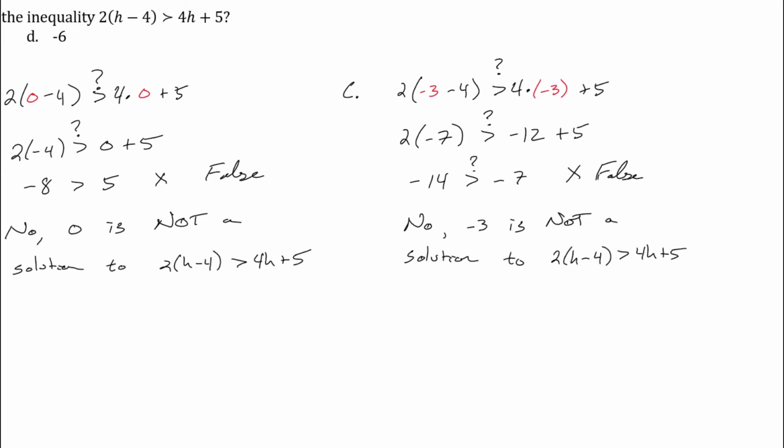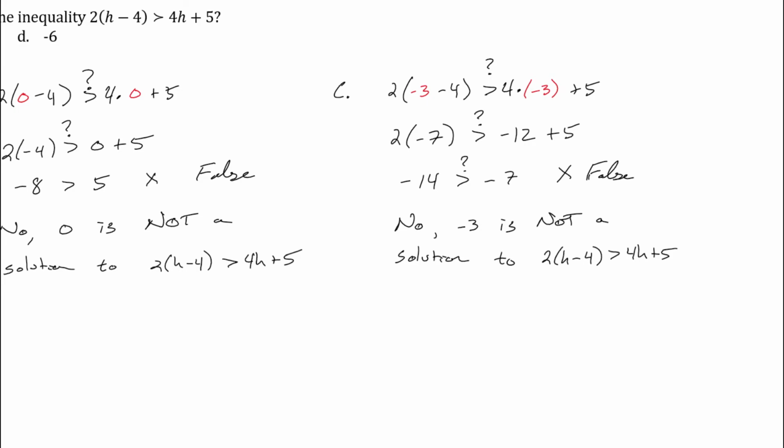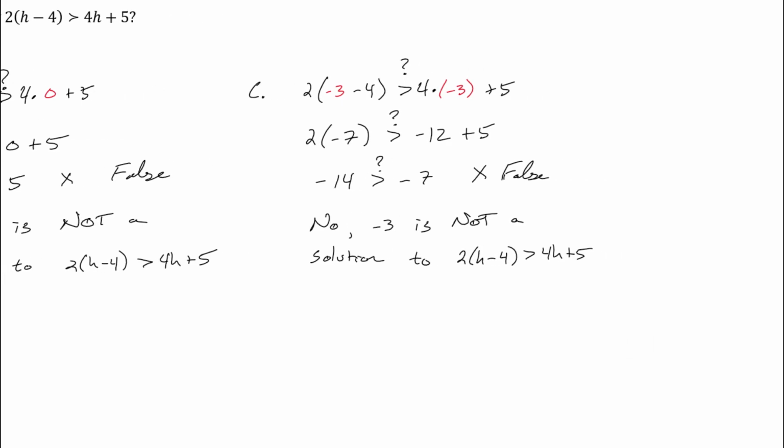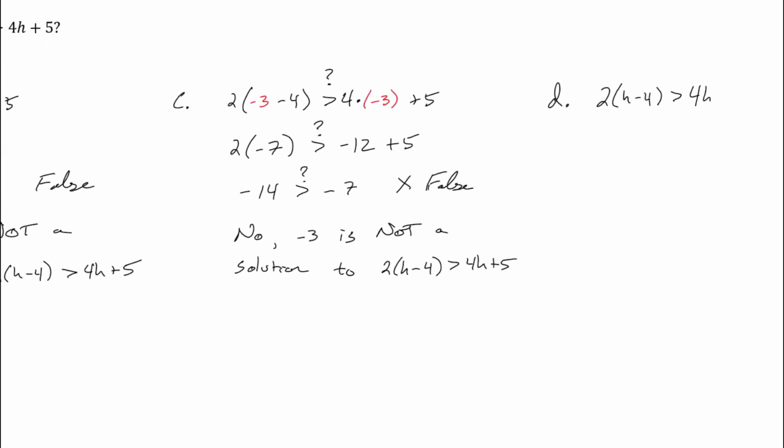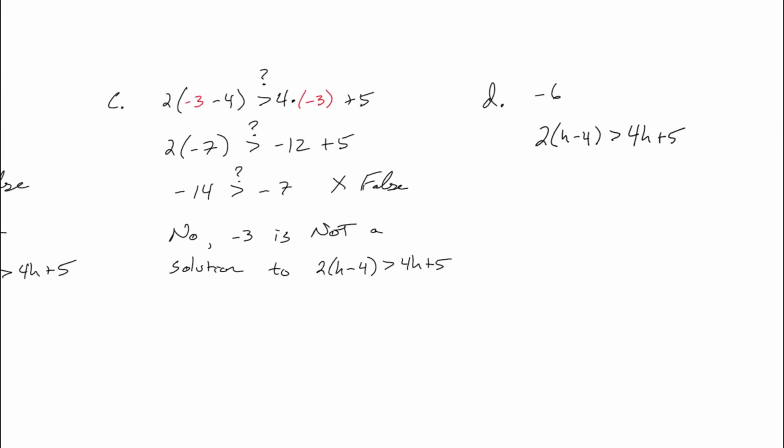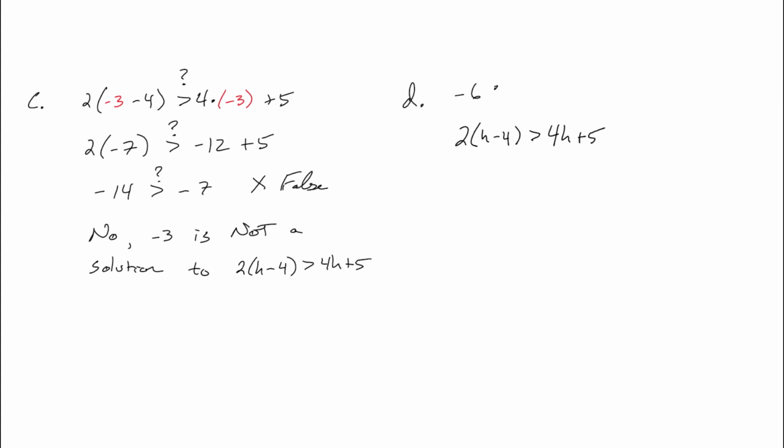So we've got one more. Part D here is for negative 6. So D, I'm going to copy the equation real quick. 2 times h minus 4 is greater than 4h plus 5. And we're checking negative 6. All right.